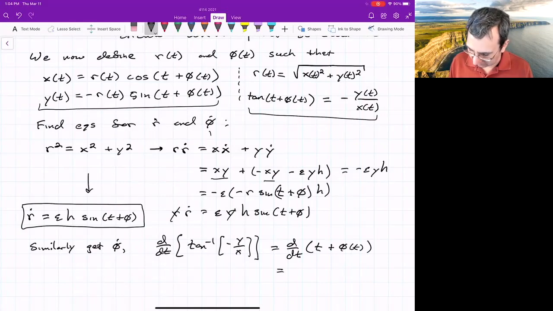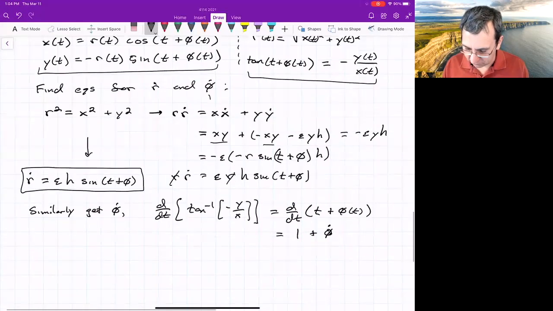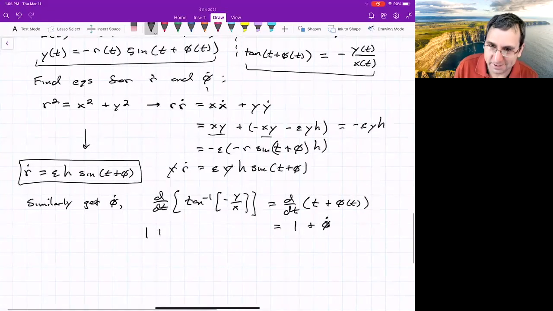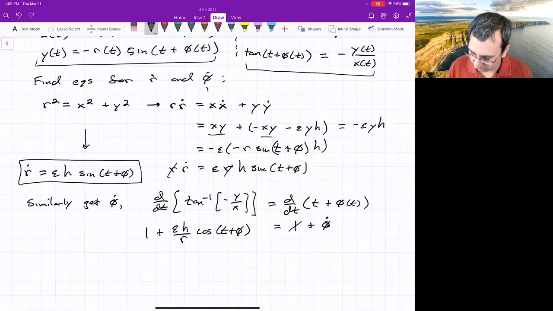So, on this right-hand side, we'll get a 1 plus phi dot. And then if you work out what this left-hand side gives you, you'll eventually have to plug in x dot and y dot. You'll get a 1 plus epsilon h over r cosine of (t plus phi). The ones cancel.